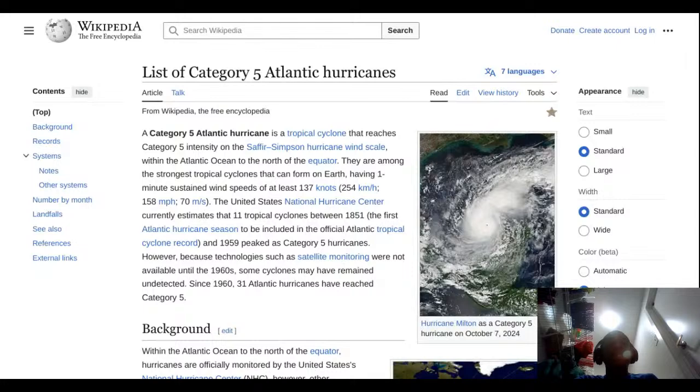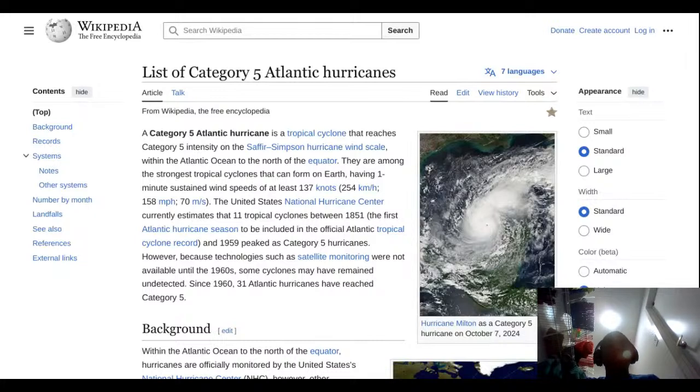The United States National Hurricane Center currently estimates 11 tropical cyclones between 1851, the first Atlantic hurricane season, to be included in the official Atlantic hurricane record, and peaked as a Category 5 hurricane.